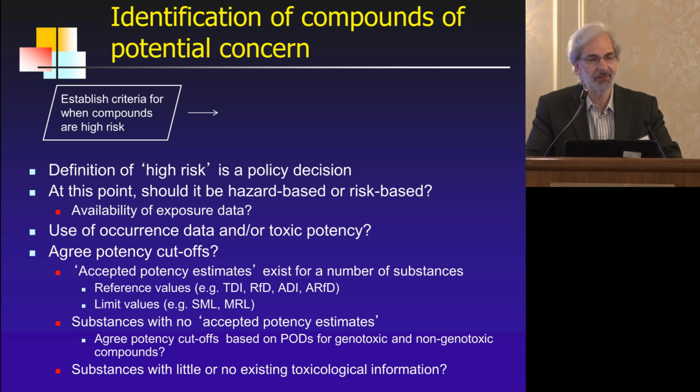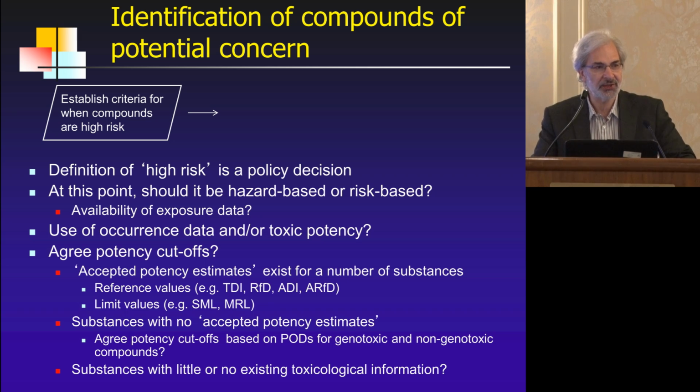First of all, what is meant by high risk is essentially a policy question. It's not a scientific question. At this point in the decision tree, should this be a hazard-based conclusion or a risk-based one? Bearing in mind that risk requires consideration of hazard and exposure, so at this early point, if you're going to use a risk-based strategy, you need exposure data as well.